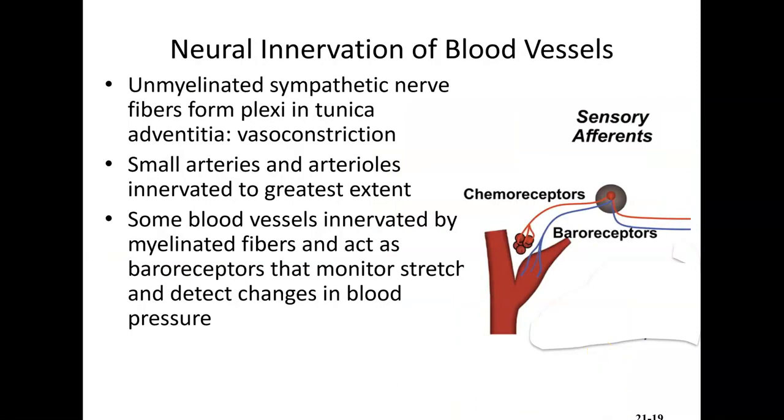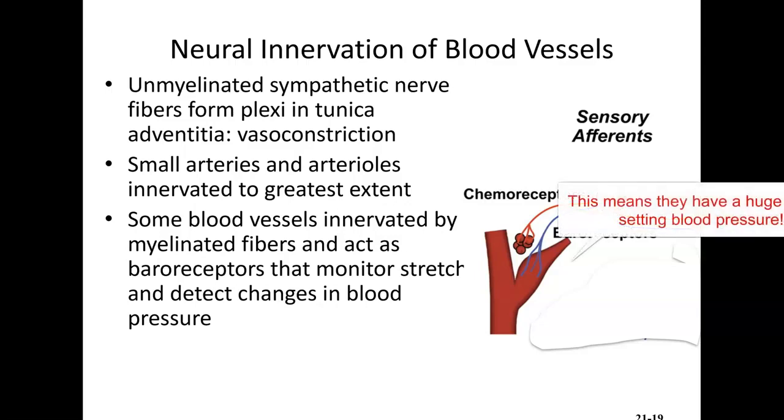Now, we've also mentioned that we need a nerve supply to our blood vessels as well. So these are going to be unmyelinated sympathetic nerve fibers that form a plexi in the tunica adventitia. That was our last layer of our blood vessels. And when stimulated, they will vasoconstrict.